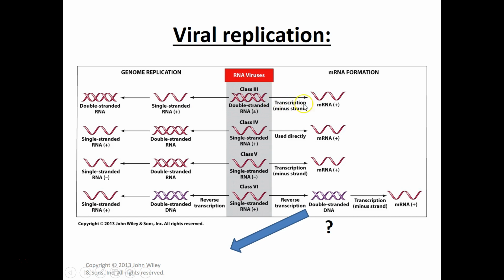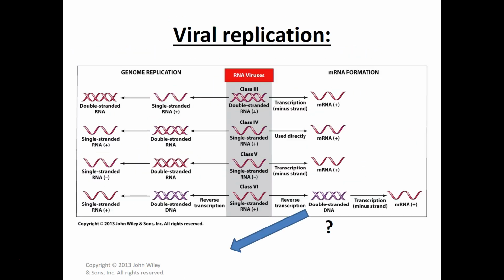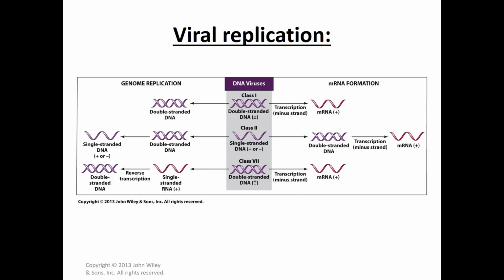You can digest away, have that plus strand, make those proteins, right? But you've got to make your, they make a single strand to make their double strand. What ones are those? I should write these on the slide. So this one is 3. Who does that? Reoviruses. I don't even know any of those.